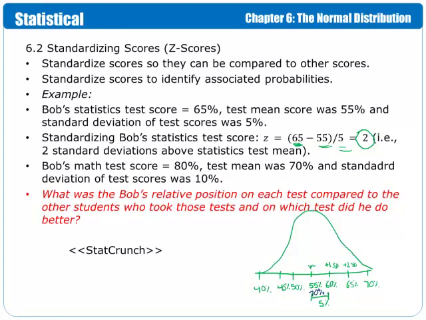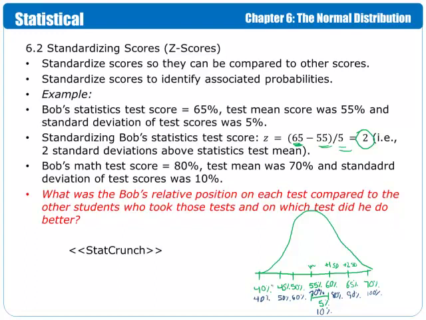And the standard deviation is 10, so now we increase in increments of 10%. So we have 80%, 90%, 100%, and then on this side we have 60, 50, and 40.